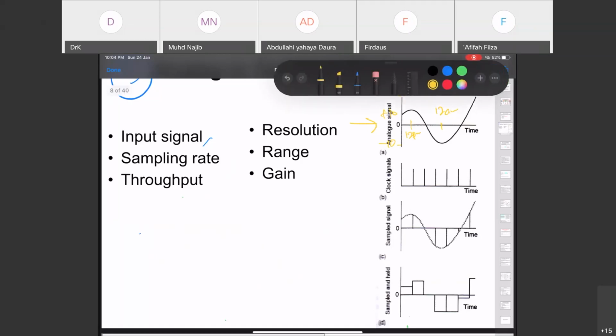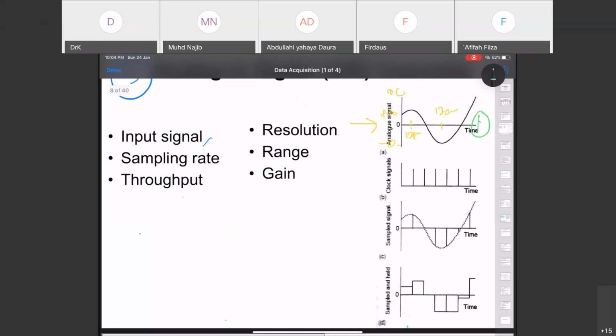This is basically the first step. Okay, this is your input signal, and this is number two. You have the clock signal. Number three, when you impose number one and number two, you will basically get this number three, and this is after you do sample and hold, you will get number four.